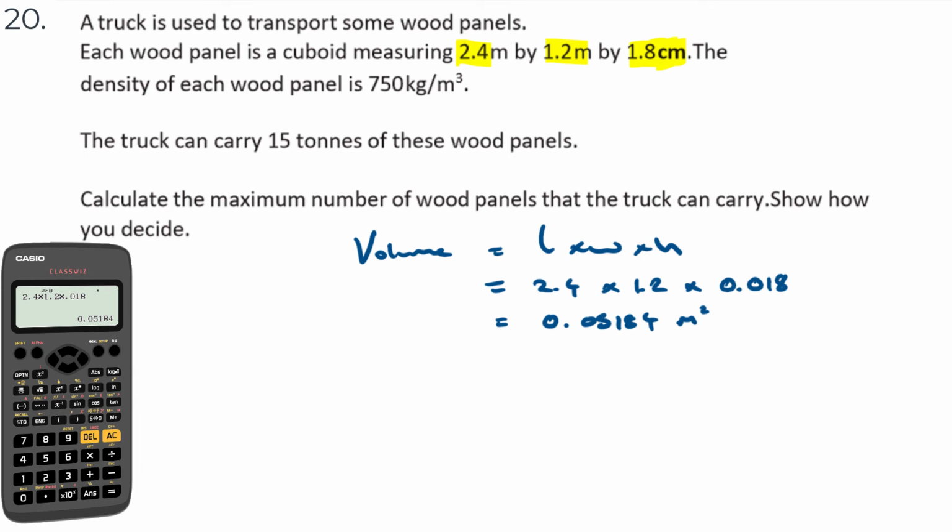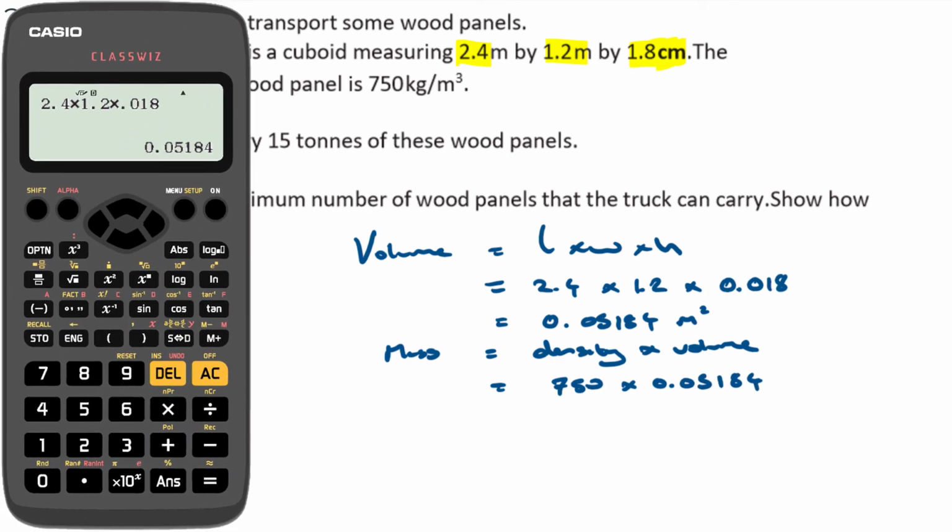Density equals mass over volume, isn't it? So mass is going to be density multiplied by volume, which is going to be 750 kilograms per cubic meter times 0.05184 cubic meters. So 750 times our last answer comes out to be 38.88.